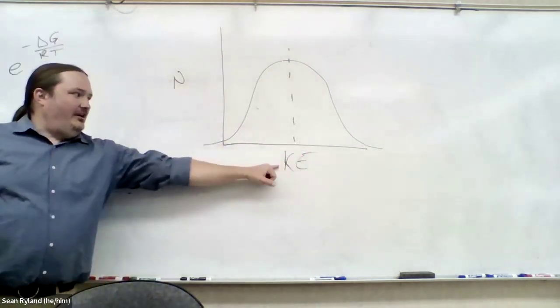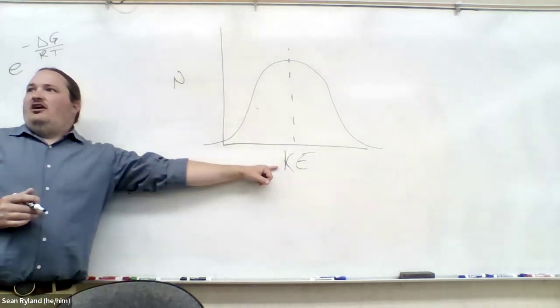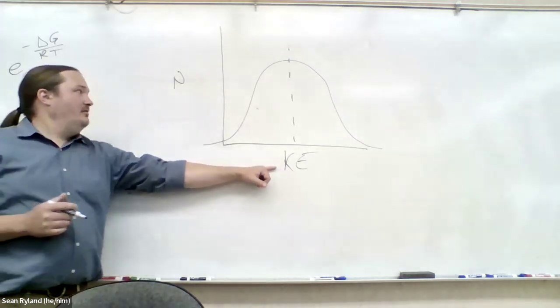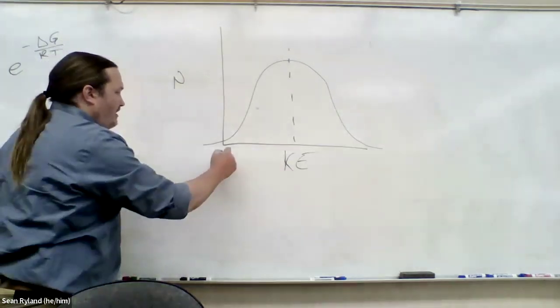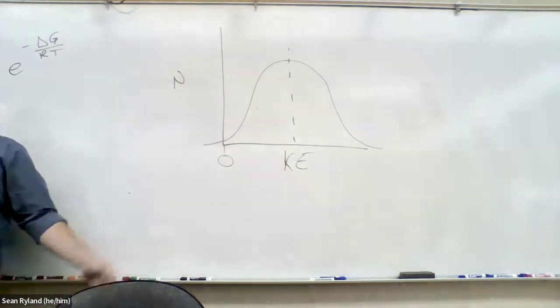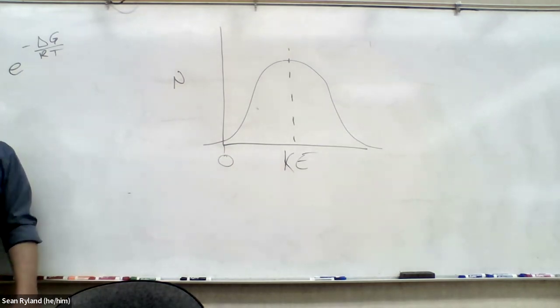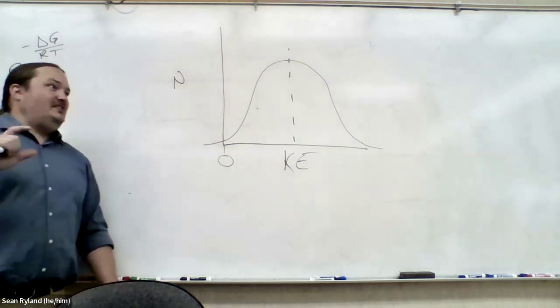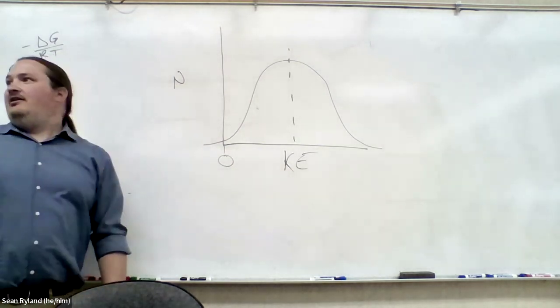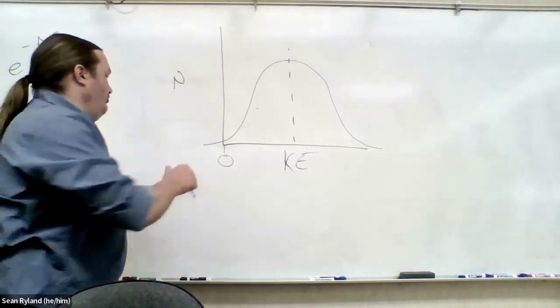Except if this is kinetic energy of molecules, what's wrong with this graph the way it's drawn? If this is 0, can you have negative kinetic energy? Not if we're just talking about molecules moving around, right? So thermodynamics really got started because a physicist and mathematician named Boltzmann came up with a different distribution called the Boltzmann distribution.